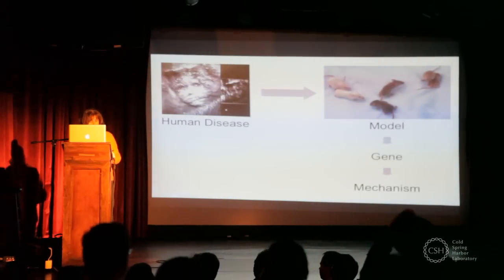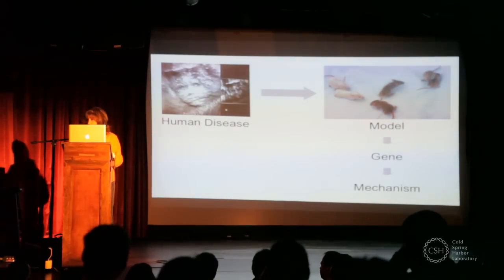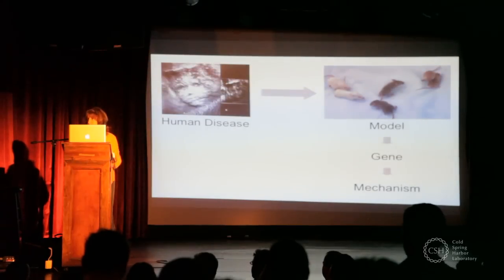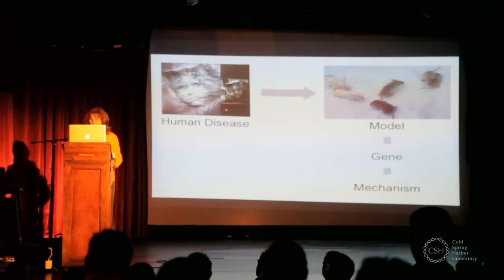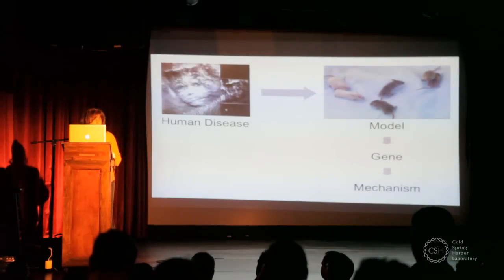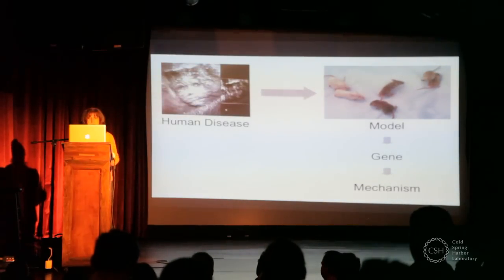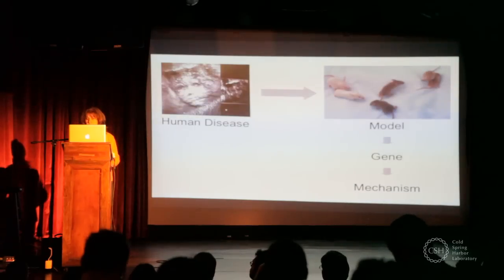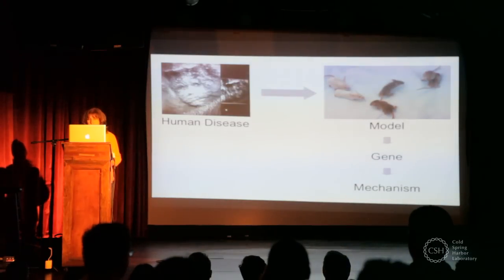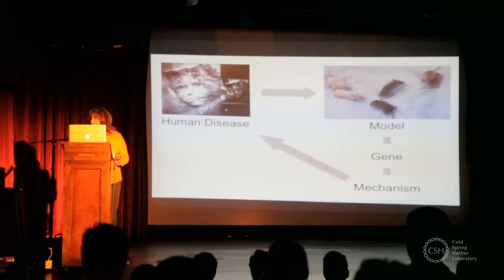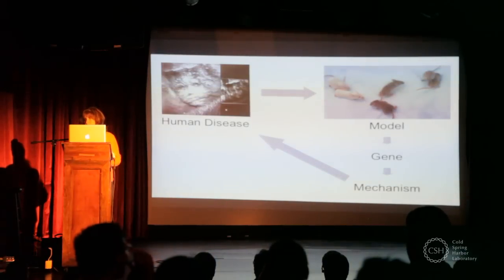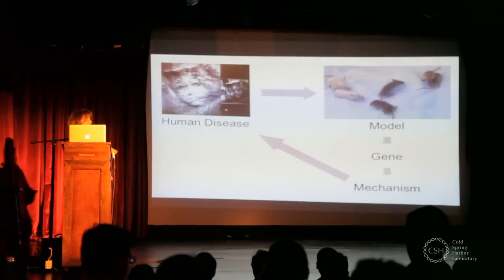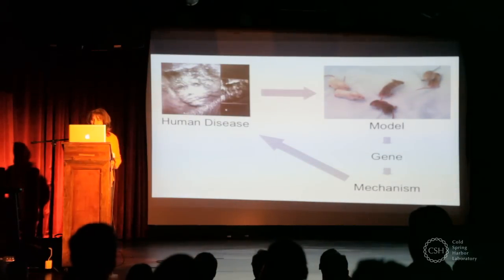We really would like to use these models to pinpoint the gene or genes responsible for the disease under study. And we'd really like to know more about the mechanism, the nuts and bolts of how those genes encode products that ultimately are responsible for the human disease. So the real goal is to apply what we learned from these mouse models back to the disease under study.